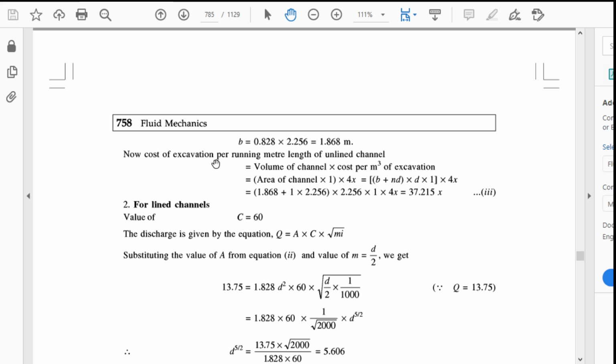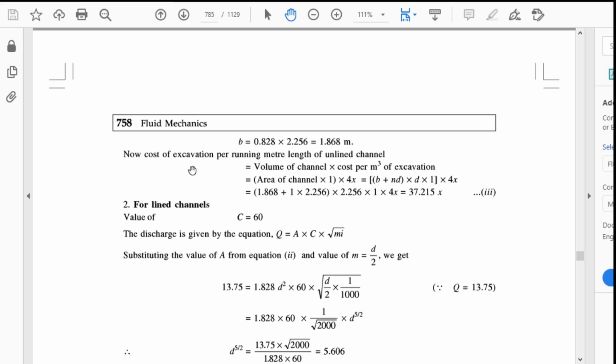So the cost of excavation per running meter length of the unlined channel equals the volume of channel times the cost per meter cube of excavation, which is given to us as 4 times x, where x is the cost of lining.